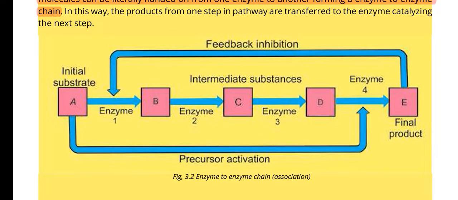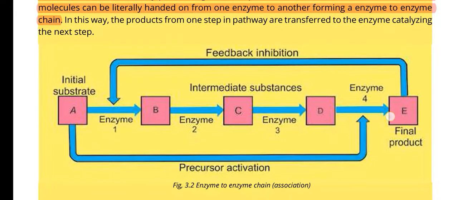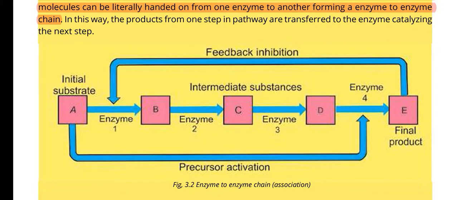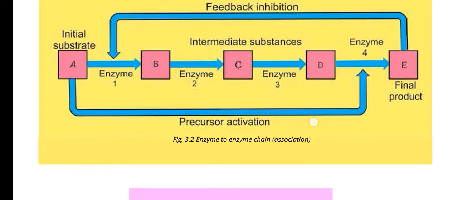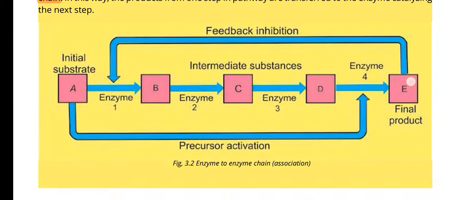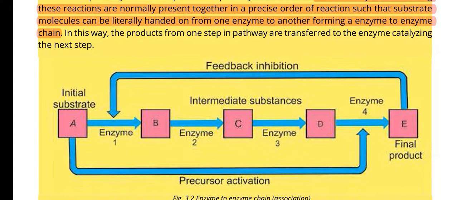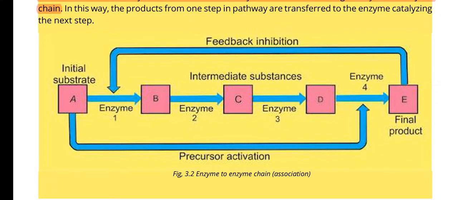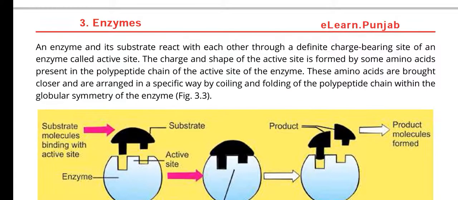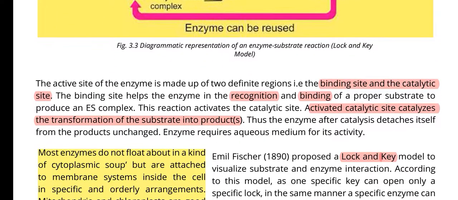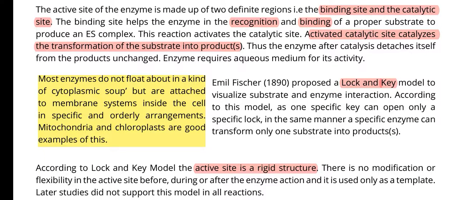You can say A to B, B to C, C to D, and D to E, and it will be called precursor activation. And after that, if there is any enzyme that acts on E and forms A, it is called feedback inhibition. If the product can act as an inhibitor of the enzyme that starts the reaction, it is called feedback inhibition. So that is the mechanism. There is nothing more than that.